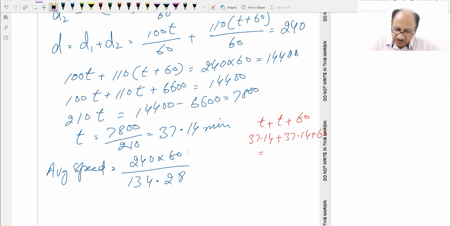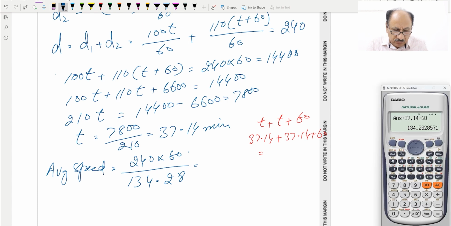Now hopefully you understand from where we got this, and this one we have converted into minutes also. So this will be 240 into 60 divided by 134.28, and this will be equal to 107.24, rounding to 2 dp.